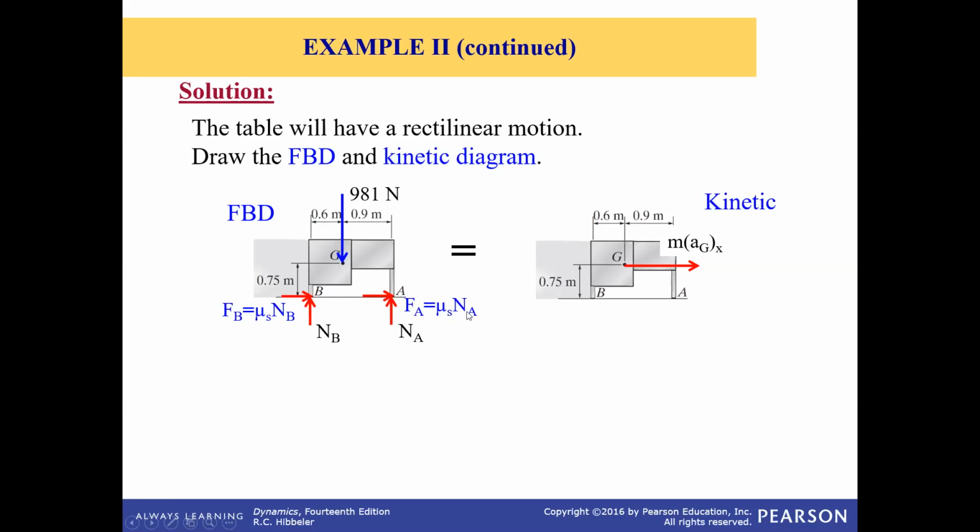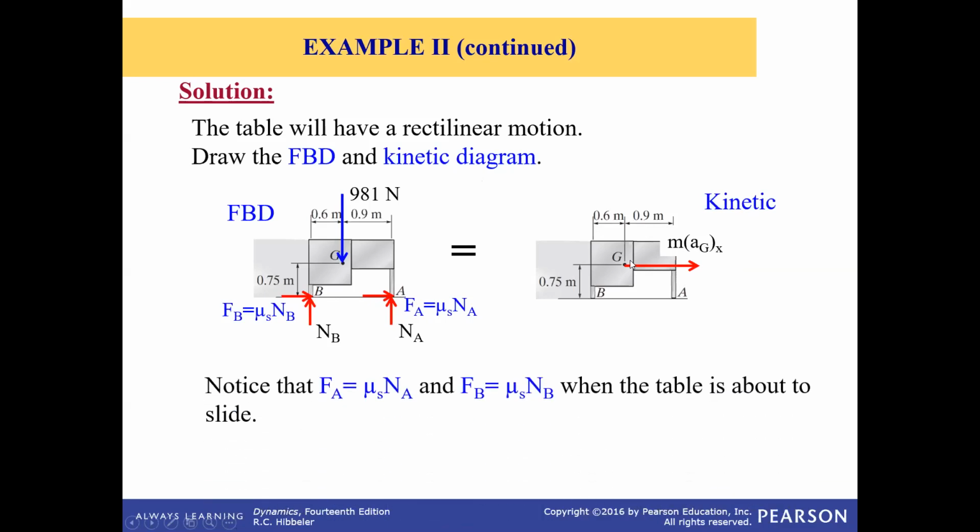In the previous case, we saw that on the two wheels of the cart, the normal forces are different, so it might well be the case here as well. This is your free body diagram. This is your kinetic diagram. It has oscillation in the x direction, and in the y direction there's no motion.